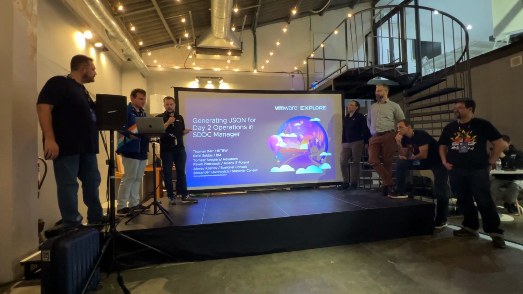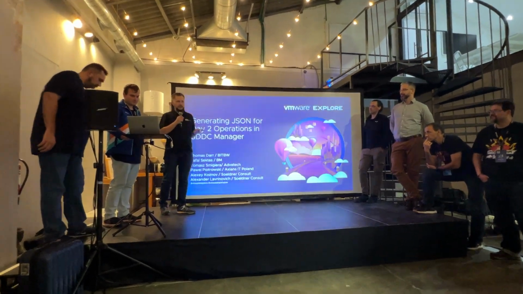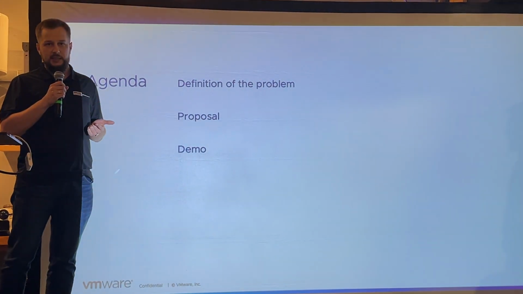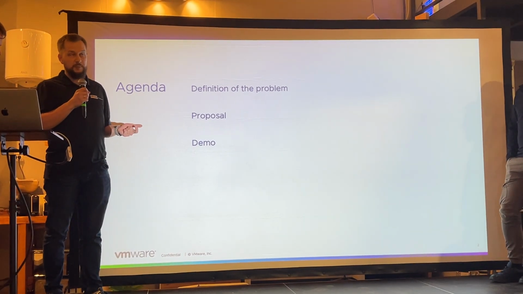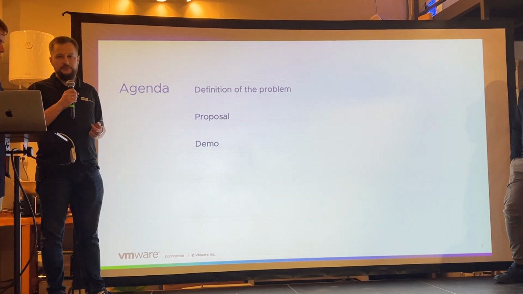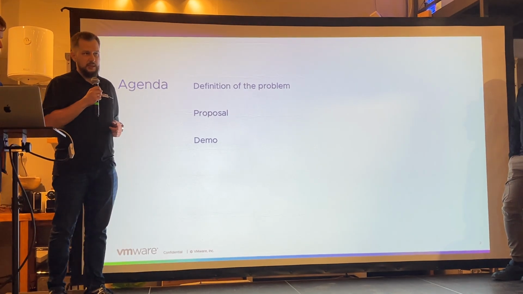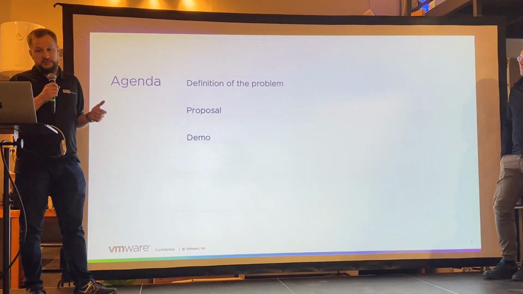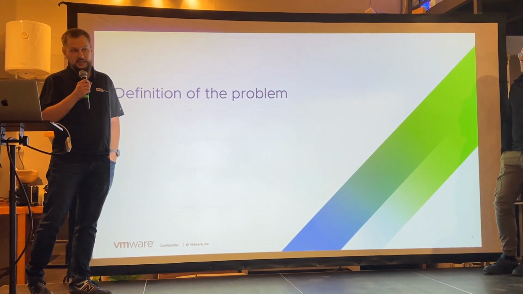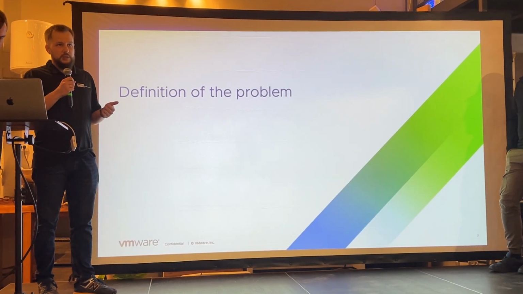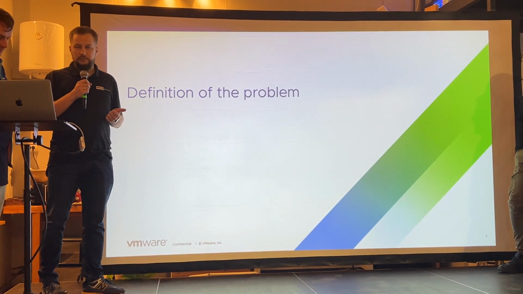So the first one is the Excel spreadsheet, which is the planning and preparation workbook, and the second, using the API, grab the expected and required information directly from SDDC Manager. The tool that we started work on, and I think we made quite good progress that you will see in a moment, is going to take the information from the Excel spreadsheet.